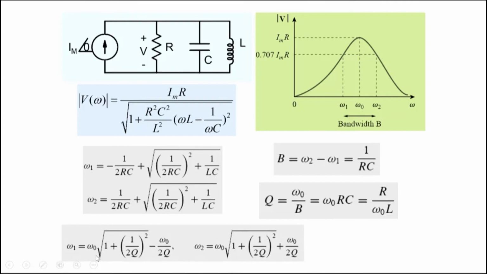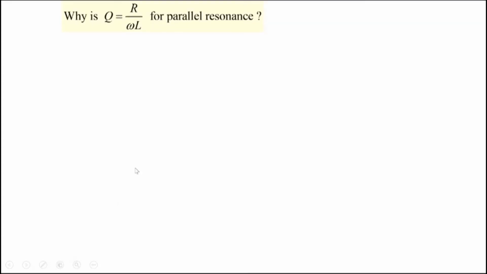These are basically complementary to what we've already discussed, so we'll skip some of these things. This is the case where you have a high Q circuit. High Q means at least Q greater than 10, and then these approximations for omega 1 and omega 2 are fairly reasonable. Otherwise, you'll have to calculate using the full expression.